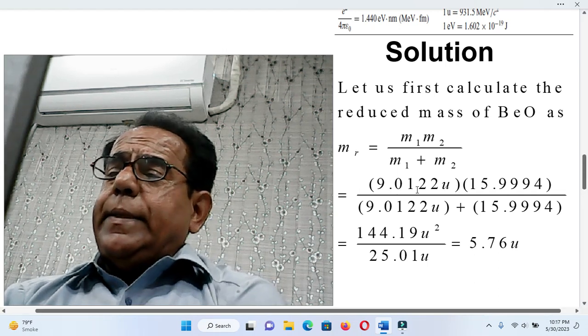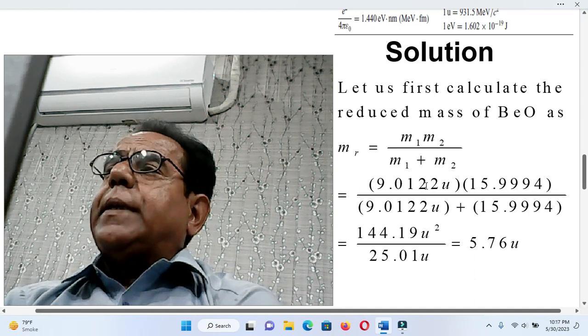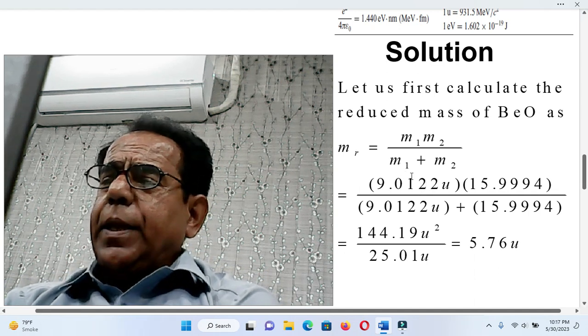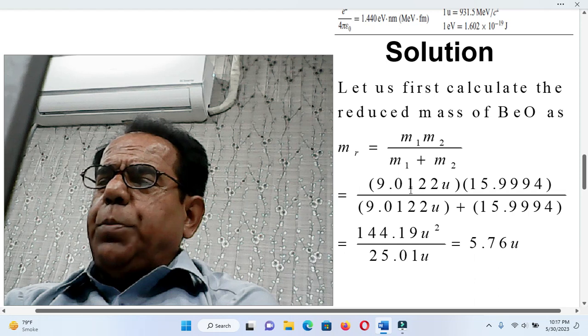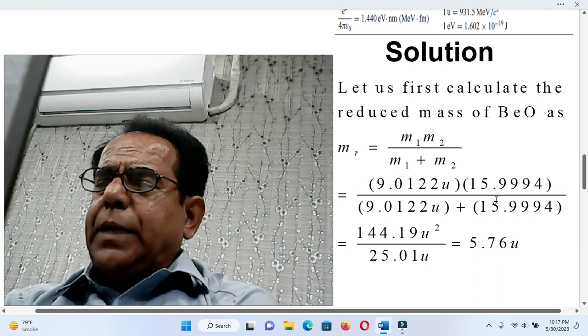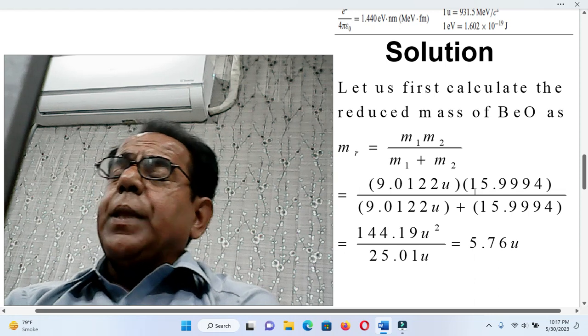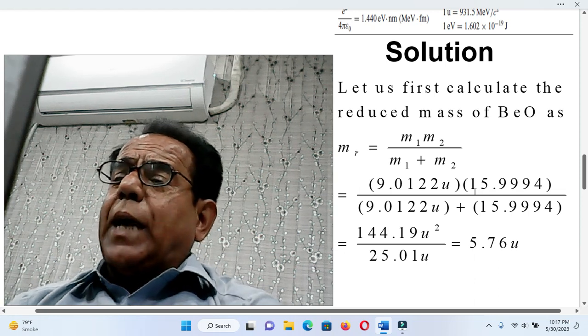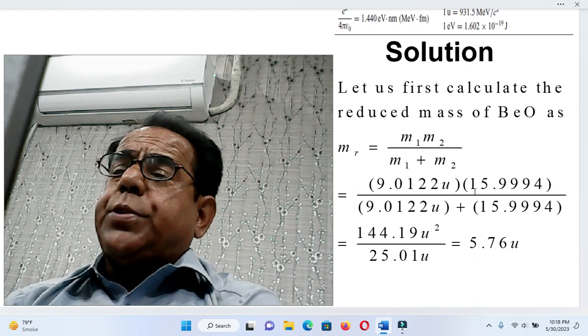Dear students, these two values are those which we have shown in our table of elements. This is the atomic mass unit of beryllium, and this is of oxygen. But this ionic molecule will not be called beryllium oxygen. It will be called beryllium oxide.